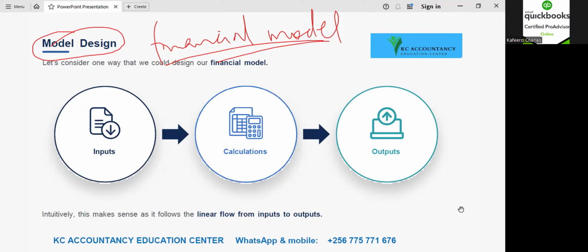Now, let's start by considering one way that we would design our financial model. We could start by thinking about all of the inputs.